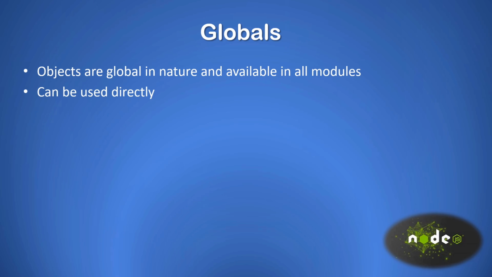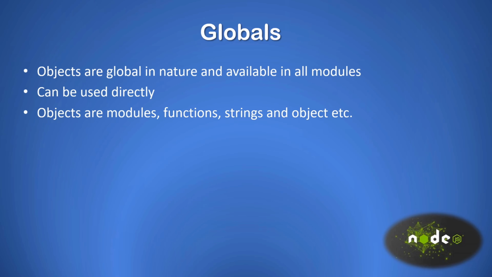You don't have to require them every time. These objects can be modules, functions, strings, or an object itself. Some of these objects aren't actually in the global scope, but in the module scope as well. So this is about globals.